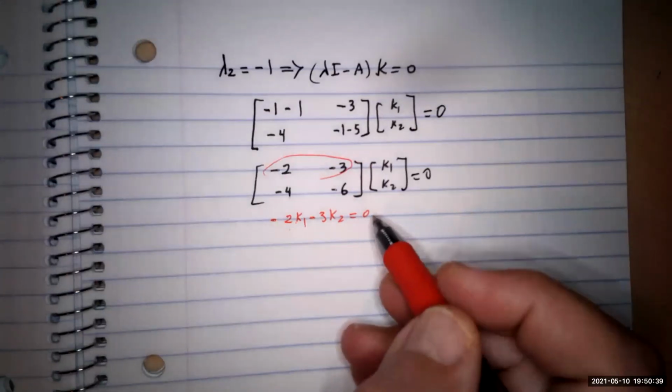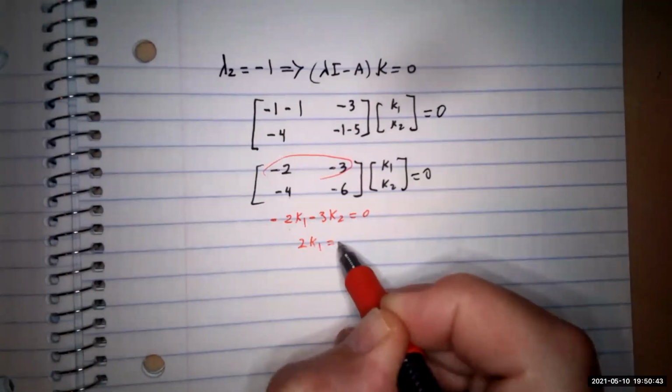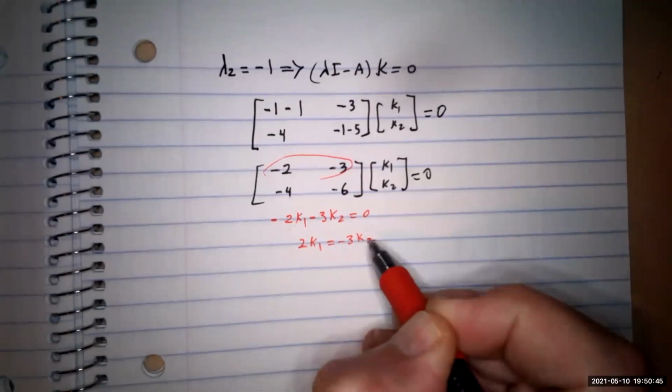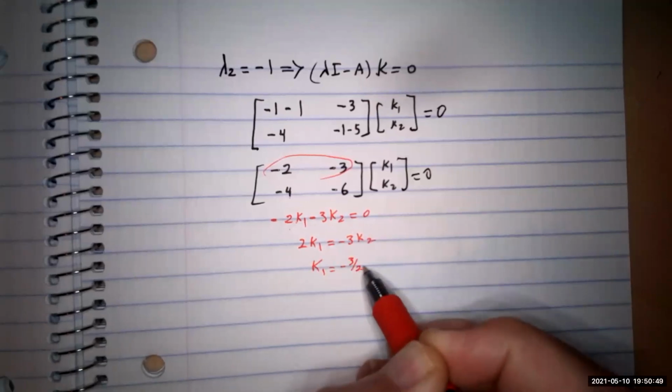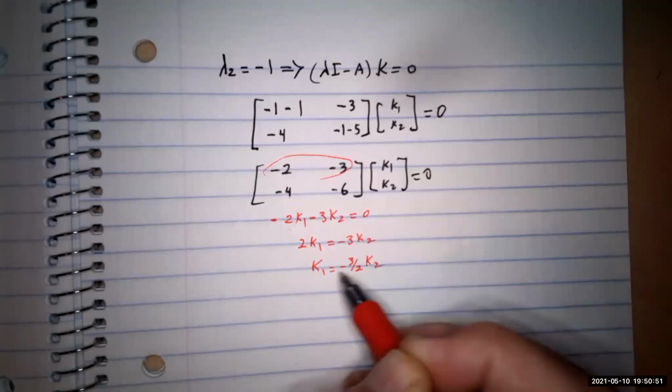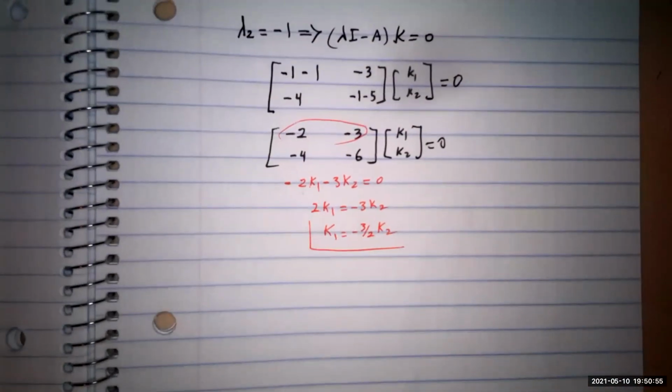Just take one of them to the other side. So how about 2K1 equal to -3K2? So K1 would be -3/2 of K2. You can take K2 to be equal to 2T, just to get nice numbers.